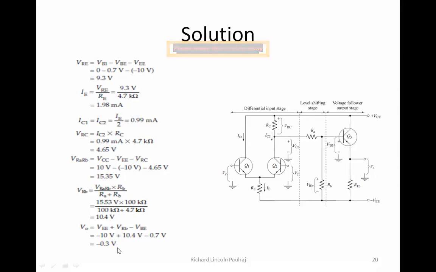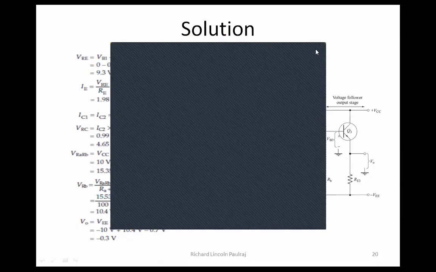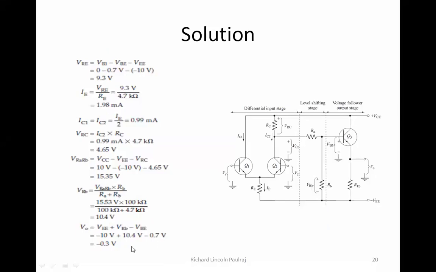So we make sure that VEE is minus 10, and VRB we just found out, about 10.4 volts, because this resistor is connected here. This is the loop. And VBE, the voltage between the base and emitter, is minus 0.7. So after this, I find that my total output voltage is going to be about 0.3 volts.